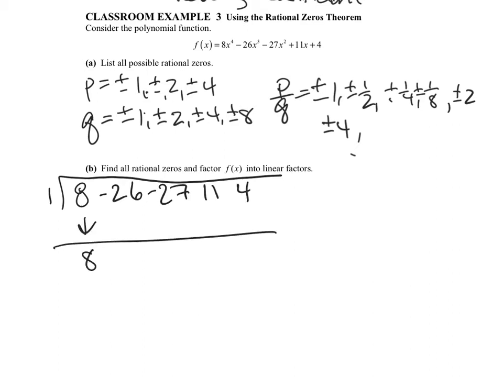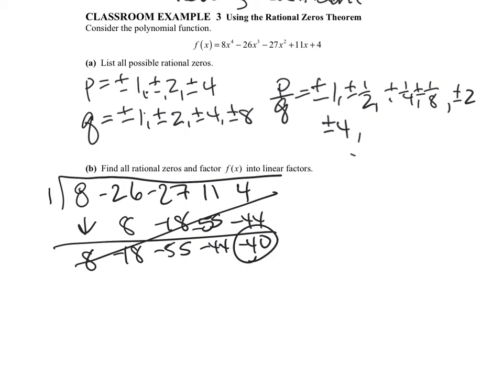So I drop the 8. I multiply, I add, I multiply, I add, multiply, I multiply. Okay, so this has a remainder, so this does not work.